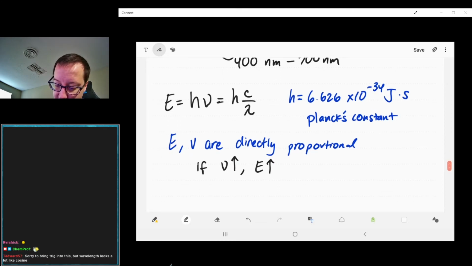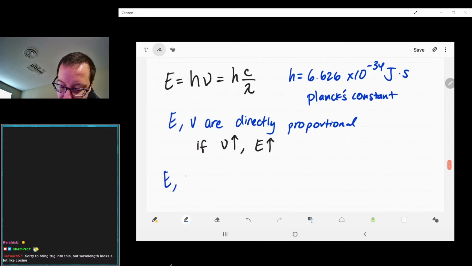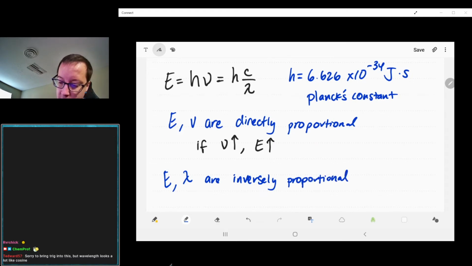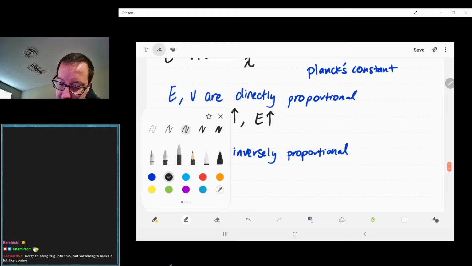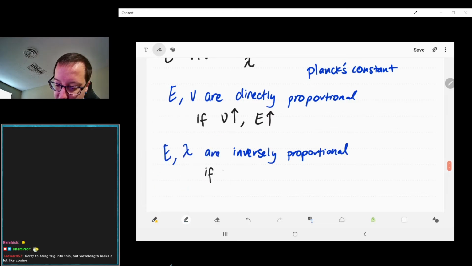On the other side, wavelength and energy are inversely proportional. If we increase the wavelength, then we're going to decrease our energy.